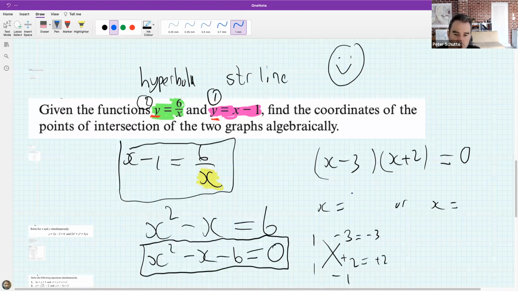So we should get that x is 3 or x is minus 2, both using the formula or using this method. Now, I want you to figure out for me, what are the y values that go with the x values? That's your next challenge.